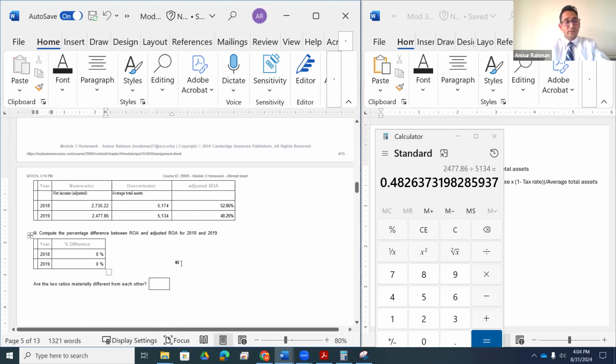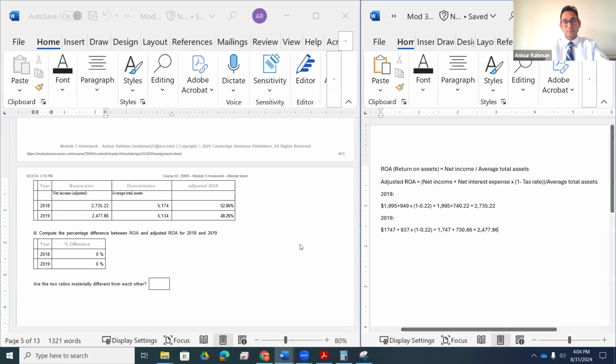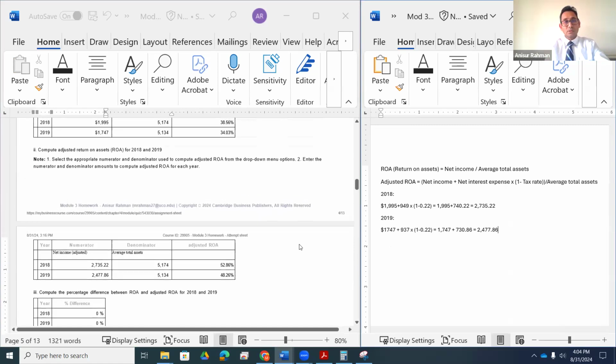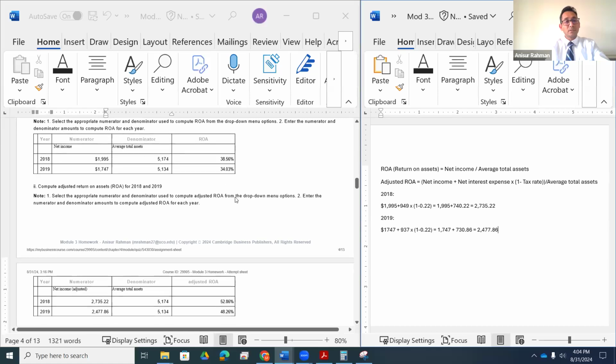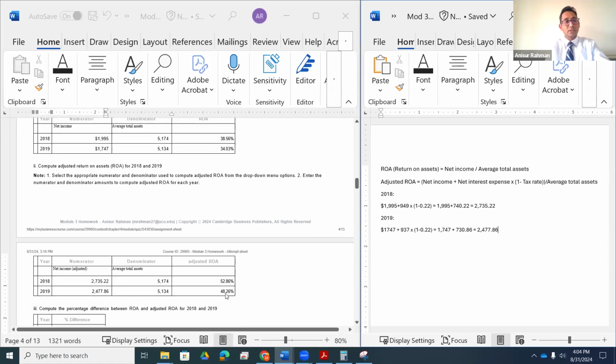Now, part 3. Compute the percentage difference between ROA and adjusted ROA for 2018 and 2019. So the difference between ROA and adjusted ROA. These are our ROAs, and these are our adjusted ROAs.